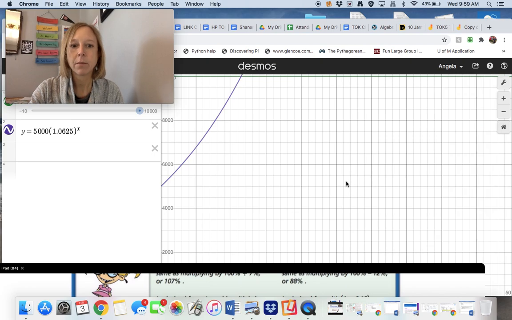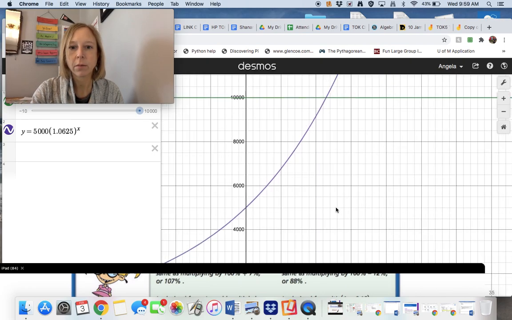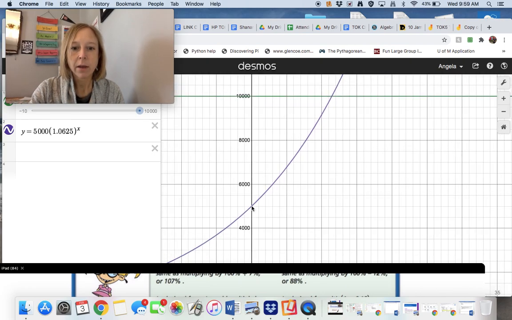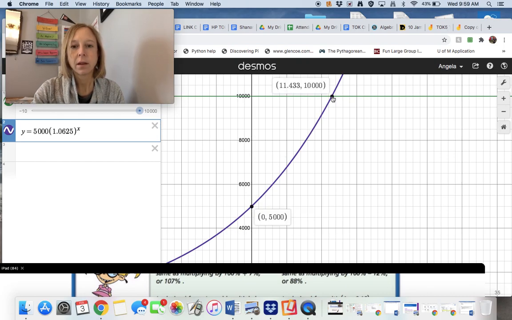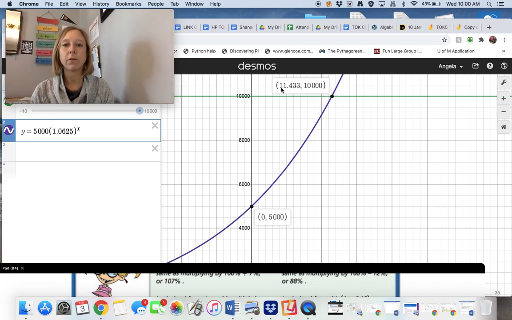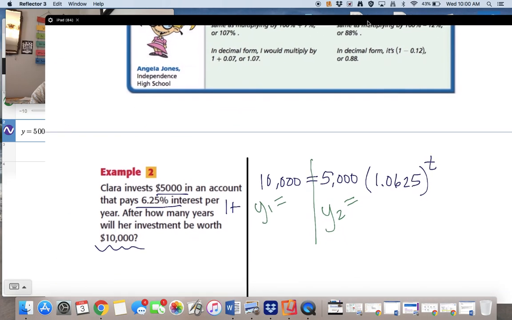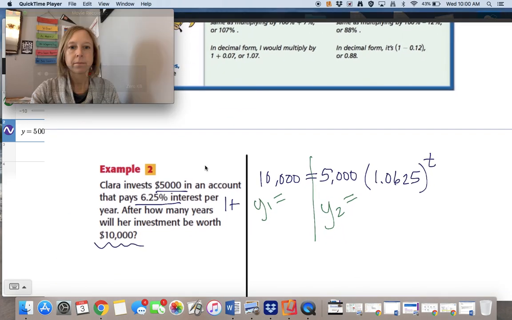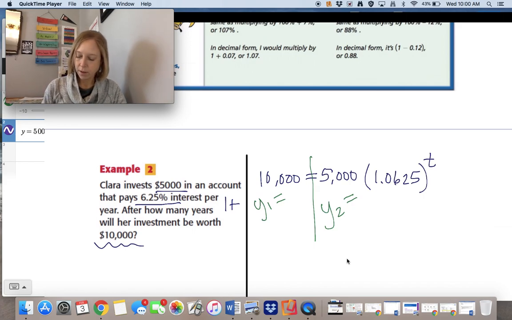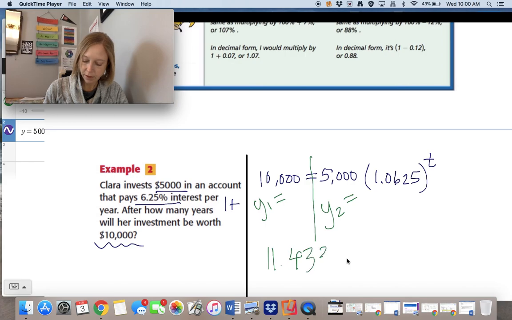All right, now my graph is a little bit more readable. Here's my y-intercept at 5,000, and here's where they intersect. So we'll see that dollar amount of $10,000, they intersect at 11.433. So 11.433 is where they intersect.